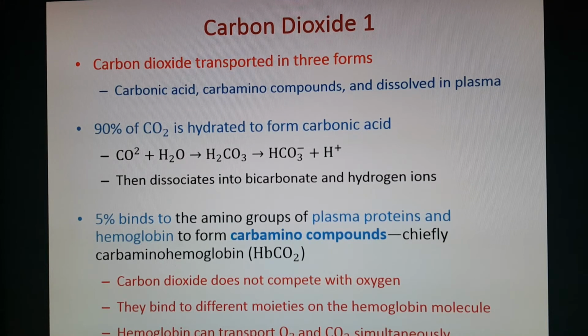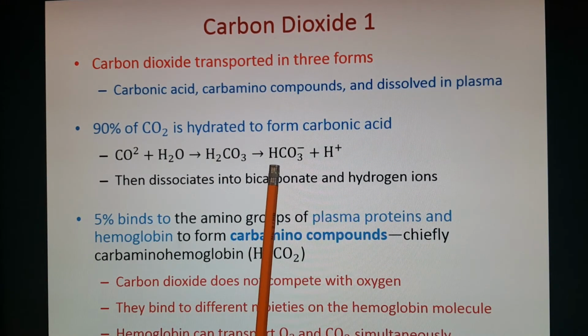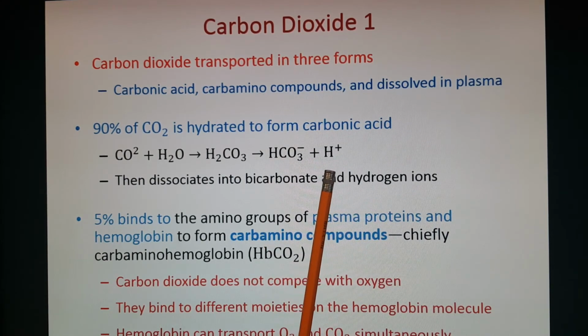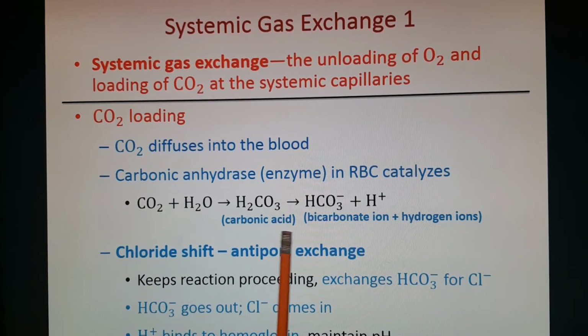So the reaction of your CO2, once it enters into a red blood cell: the carbon dioxide and water, so the hydration of carbon dioxide forms your carbonic acid, which then dissociates in the cell to bicarbonate and hydrogen ions. So here's the reaction again.